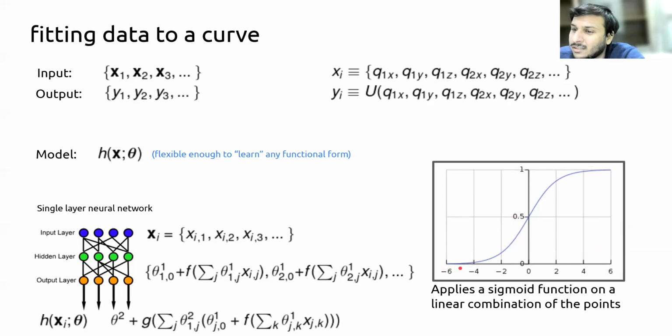So the idea is that you take your vector, multiply it with a matrix, and then you apply a sigmoid function on top of that, and that gives you the next set of points. Then you take these, multiply with another matrix, feed that into another sigmoid function, and so on. You can keep doing that for as many layers as you like, and ultimately, everything will get contracted to just one output.